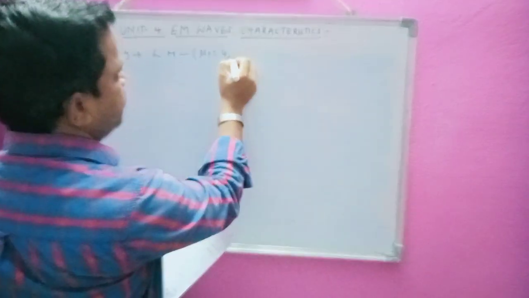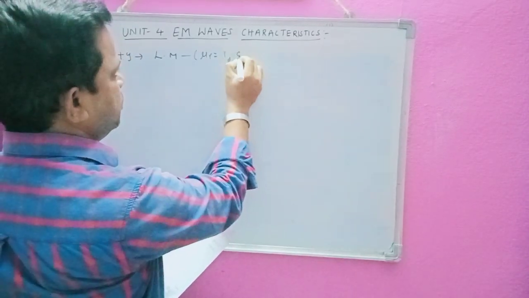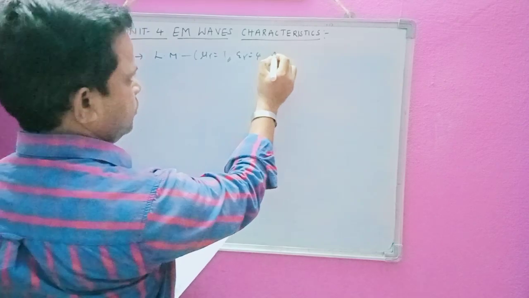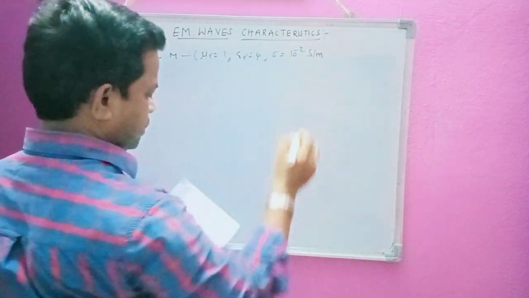Mu r is equal to 1, epsilon r is equal to 4, sigma is equal to 10 power of minus 2 siemens per meter.